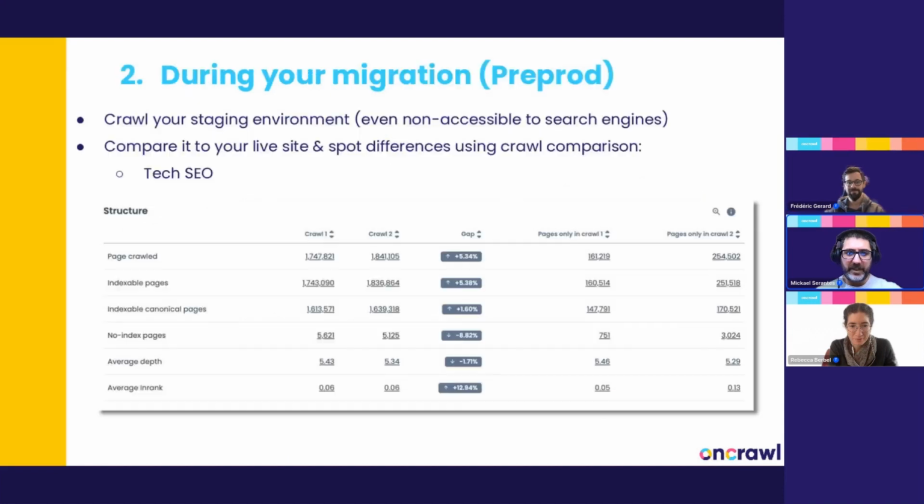Thanks, Fred. So yes, that's really important to be able to customize the user agent, especially in case of migration. Sometimes your staging site is also protected with a pair of IP and user agents. So to access your staging site, you will need to customize the user agent and also use specific IPs.